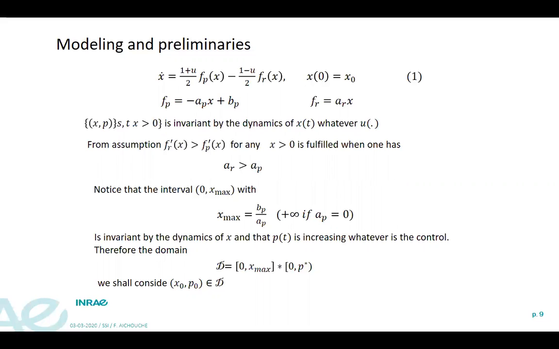According to the previous assumption, it is clear we have AR superior to AP. Notice also that the interval 0 to x max is invariant by x, and the production P of t is increasing whatever the control is. That domain D is invariant, and we shall consider initial conditions belonging to this domain.